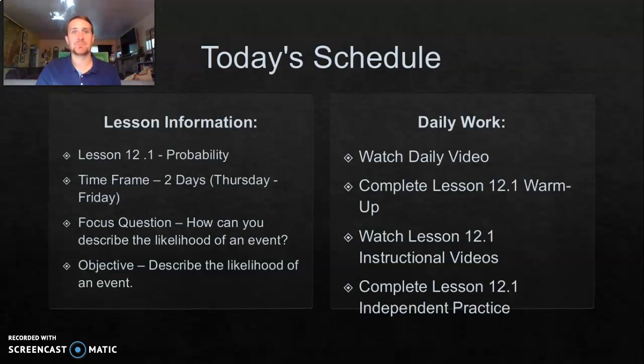So let me explain that. Theoretical is what can happen or what should happen. So when you said we're going to land on heads 50% of the time, that's the theoretical probability. And we got 50% because on a coin there's two outcomes. So picture a fraction, 2's at the bottom because that's how many total outcomes there are. On that coin, one side is heads.